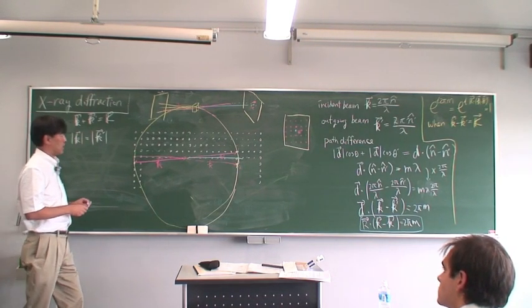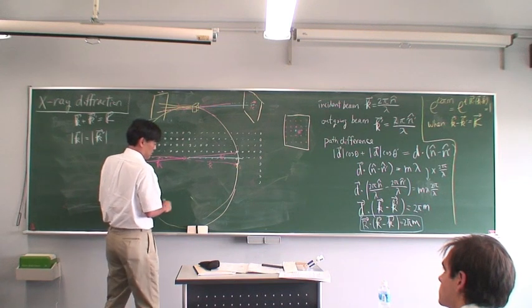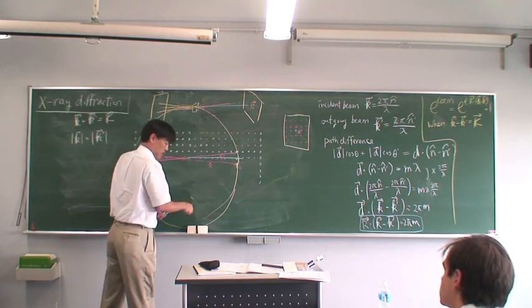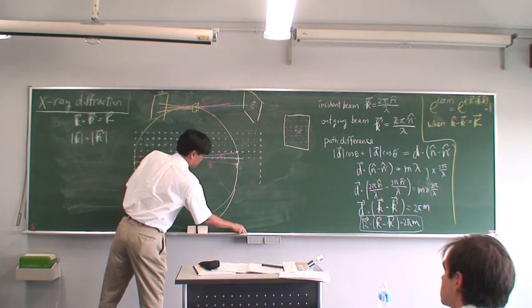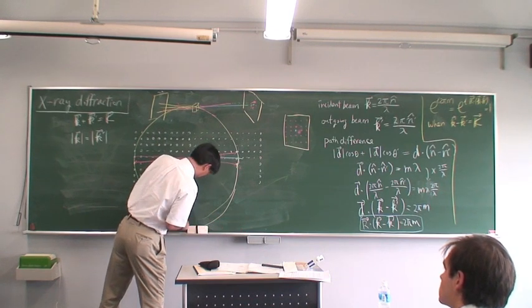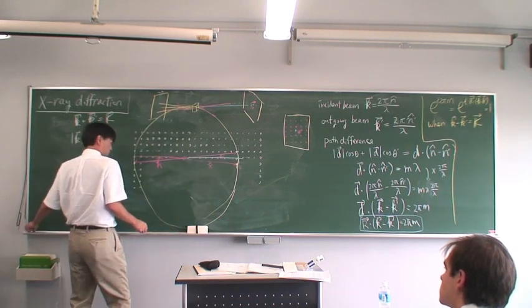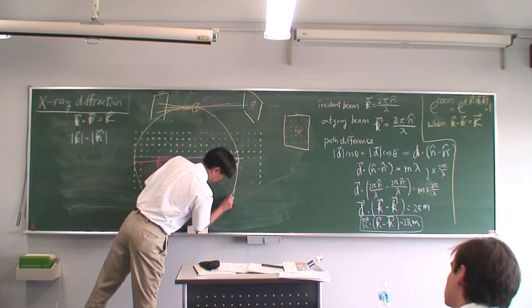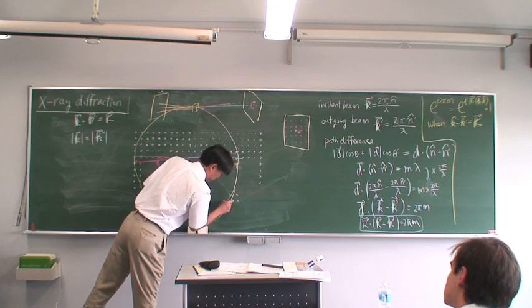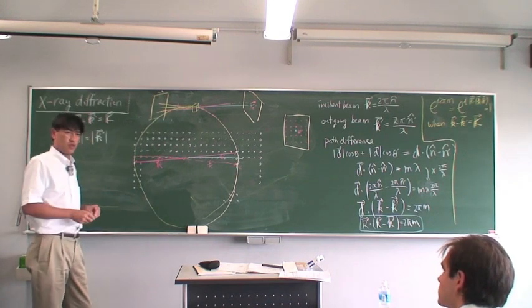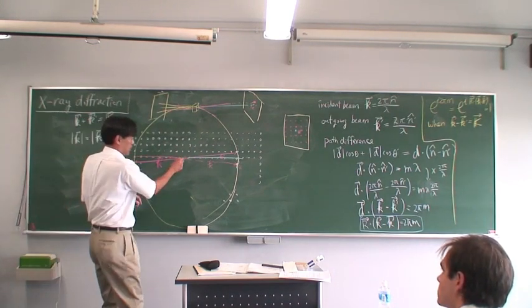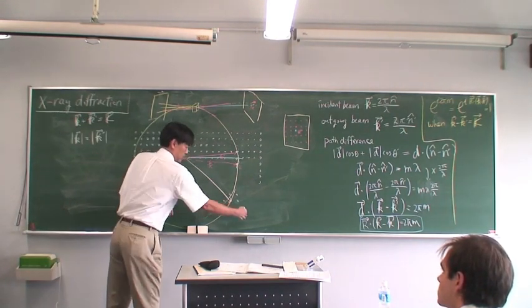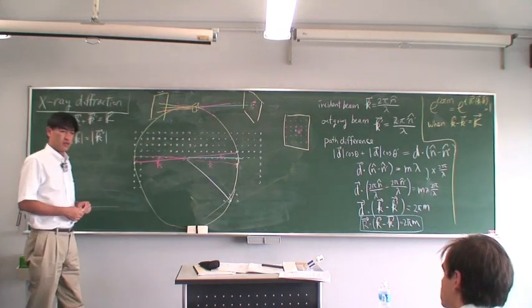I can even have diffraction in this direction if the particular reciprocal lattice points in this direction overlap with the sphere. Then diffraction in this direction is enhanced.